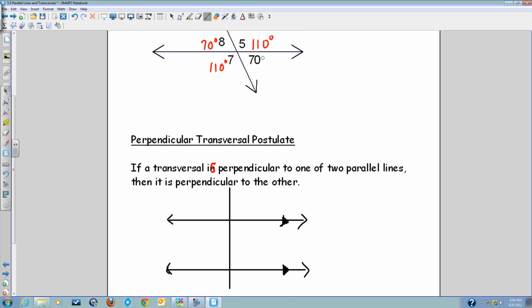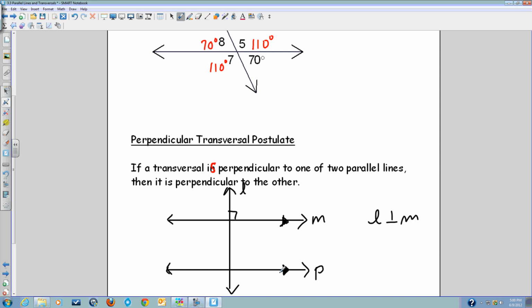So I'm going to draw that transversal. And I'm going to name these lines L, M, and P. And I'm going to tell you that L is perpendicular to M. Well, if these lines are parallel, L is also going to have to be perpendicular to P.